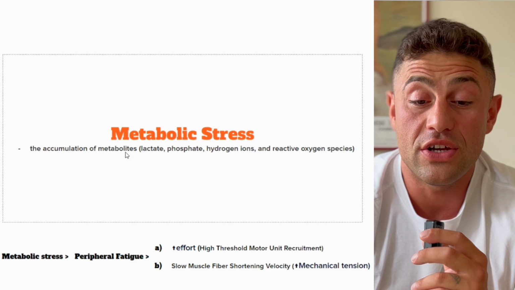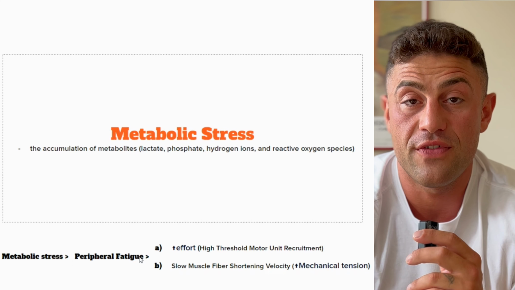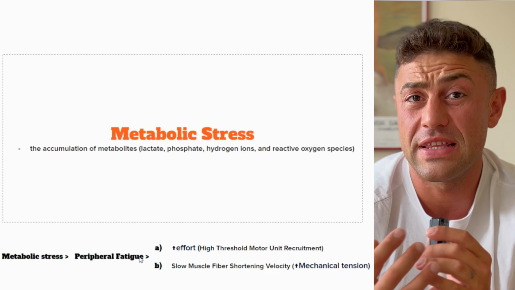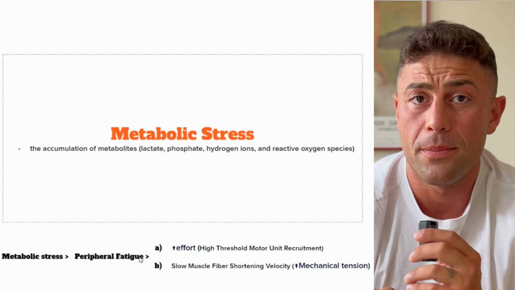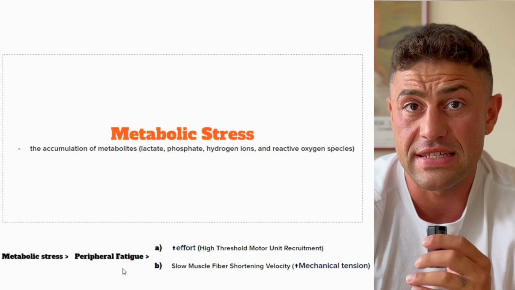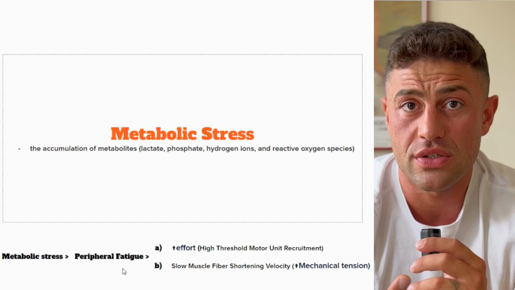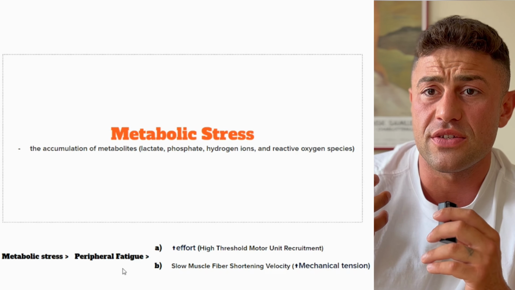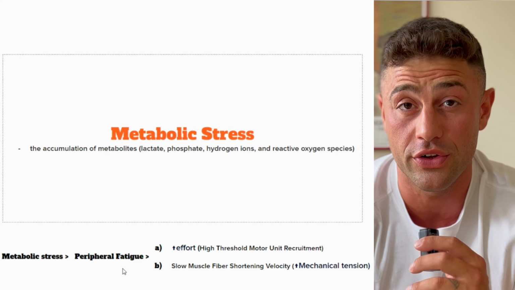But the accumulation of metabolites can actually lead to peripheral fatigue. What's peripheral fatigue? Peripheral fatigue refers to the type of fatigue that happens inside our muscles because of these chemical processes. Now, this kind of fatigue that happens inside the muscle is gonna create 2 situations. One thing is that it's gonna increase our effort. It's gonna make us feel that we have to exert more energy and contract the muscle harder.